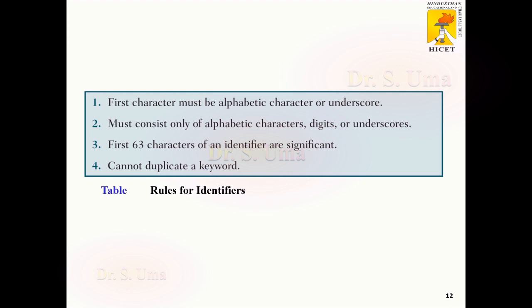There is a specific set of rules that are to be followed in coining the variable names within the C programming language. The first rule is that the first character in a variable name should be an alphabet, or it can be an underscore as well. Followed by that, it can have any sequence of alphabet characters or digits or underscores.